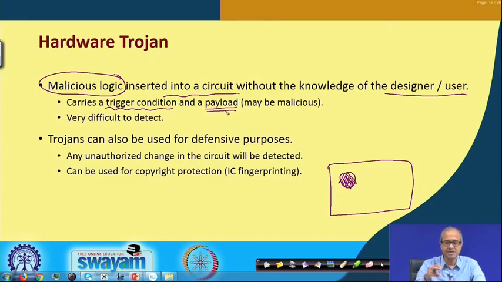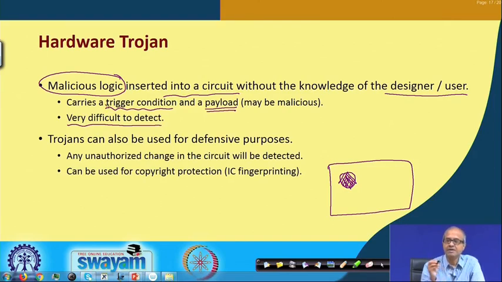This is the purpose of the so called hardware Trojans. Something is hiding inside the hardware, sometimes it can wake up and it can carry out some malicious activities. Because it is hiding inside the hardware without the knowledge of anybody, this is extremely difficult to detect. Of course, there are some attempts to detect it, but in general it is very difficult.